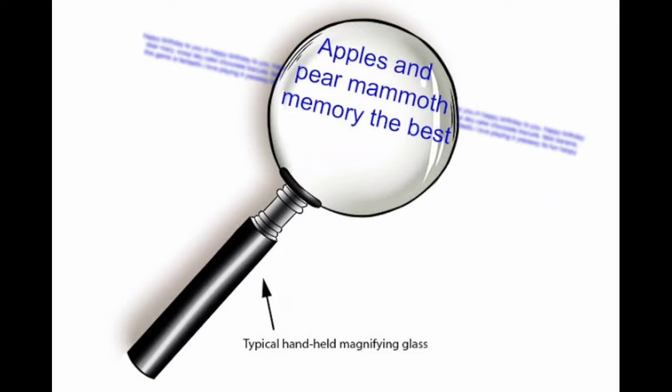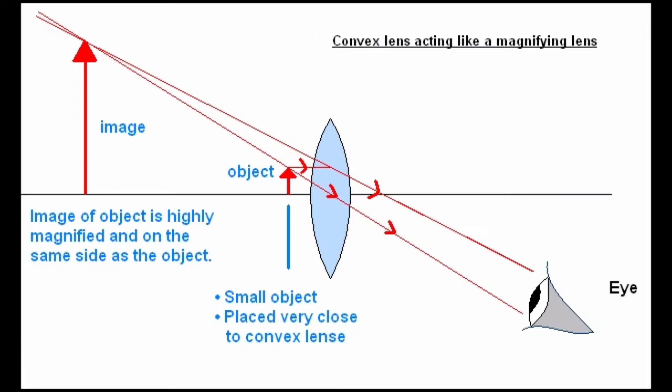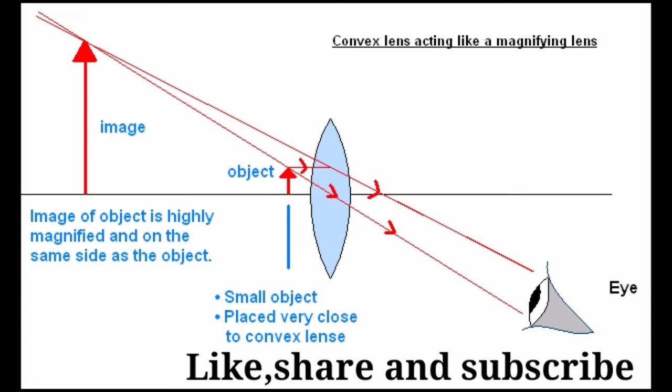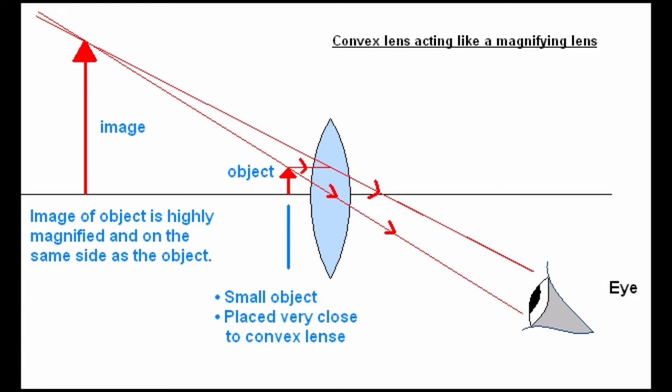So using this particular case, case number 6, the convex lens can be used as a magnifying lens and has applications to see objects magnified. In the ray diagram you can see that the object is placed near the convex lens, between the focus and the optical center, and you can see the virtual, erect and magnified image of the object, and hence it can be used as a magnifying lens.